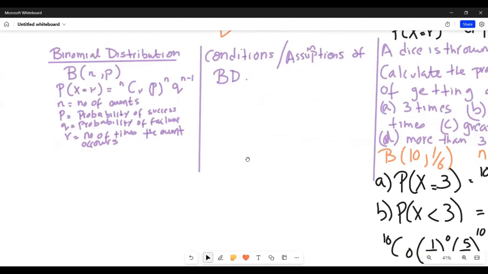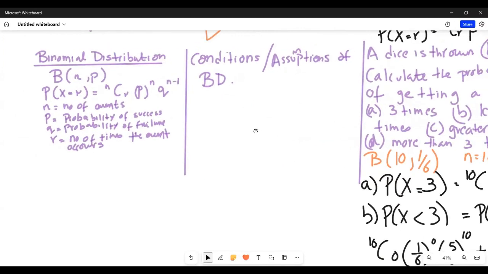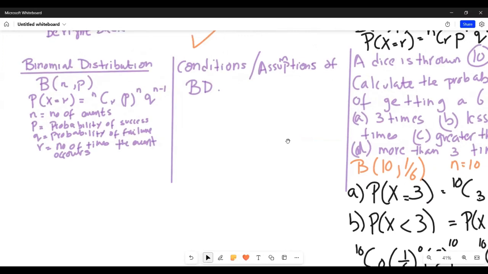If the distribution is binomial, then there are certain conditions that should be met. In some of the questions, they do ask you to state 2 conditions that must hold true for the distribution to be binomial. So you must remember this. Okay, what are those conditions?